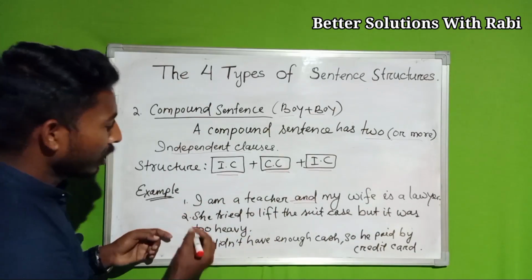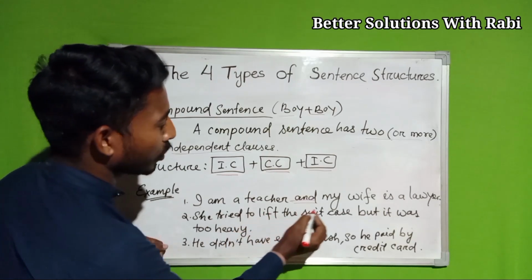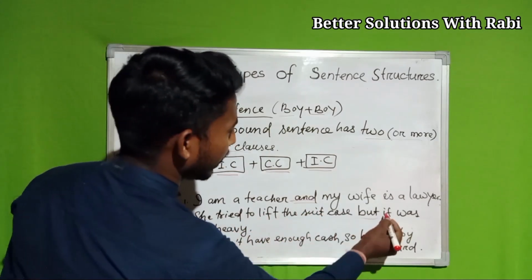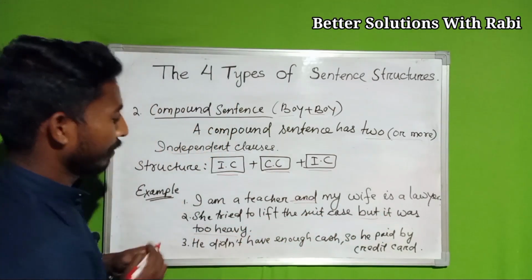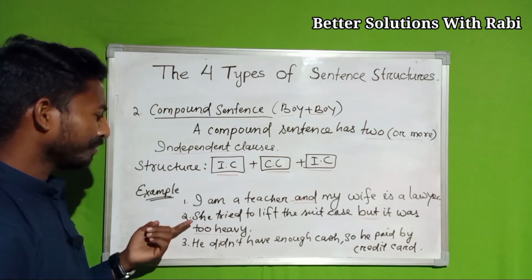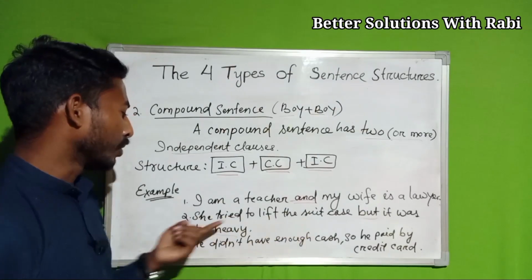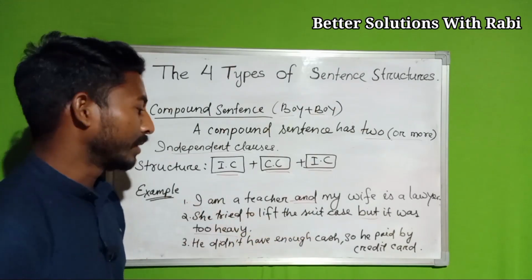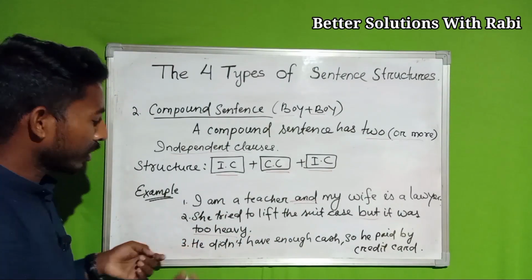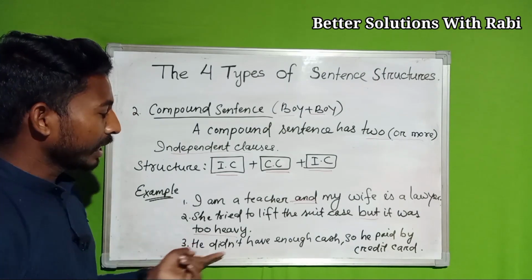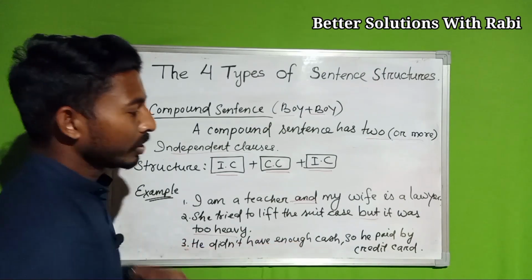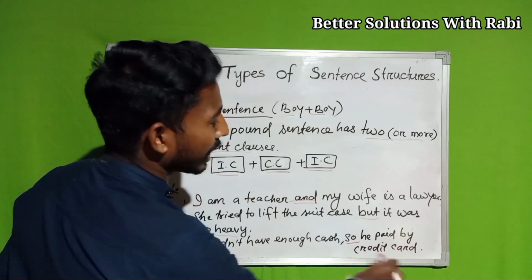Let's see the second one. She tried to lift the suitcase, but it was too heavy. That means she tried to lift the suitcase, but since the suitcase was too heavy, she couldn't lift it. That's the meaning of the sentence. Now the third one: he didn't have enough cash, so he paid by credit card.